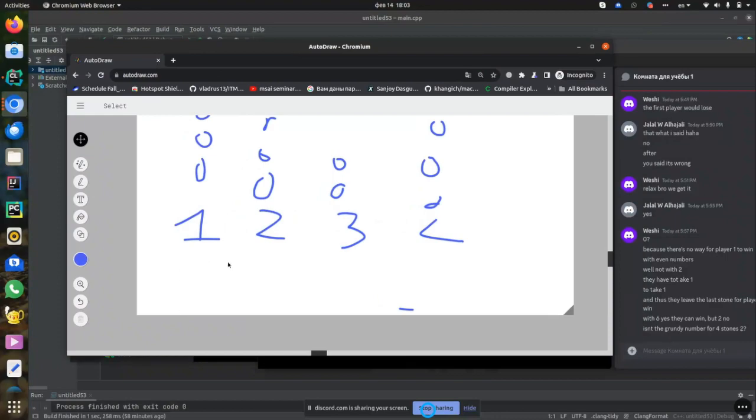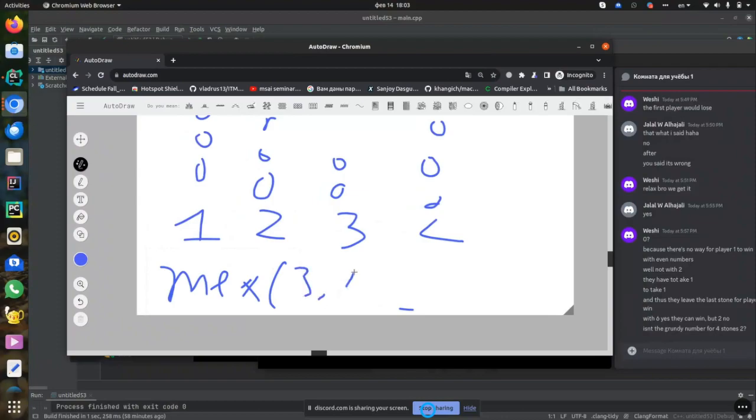So the Grundy of four is the mex of all the possible positions, which are 3, 2, and 1. That's the formula, and the mex of 3, 2, 1 is zero. That's the definition of the Grundy numbers.